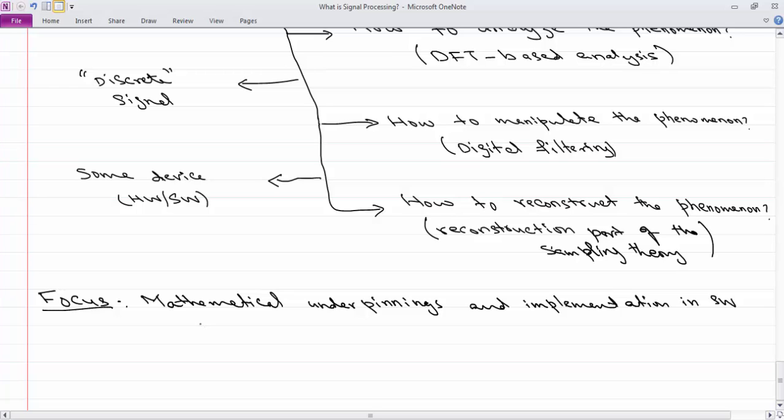Despite what the name implies, DSP, at least in this class, it is not a hardware class. It is not a VLSI class. It's not a circuits class. Because we are talking about processing in a digital system, we'll understand how to address all of these things mathematically, and then work with them. Our tool will be MATLAB. So we'll be using MATLAB very extensively, and also in your labs.